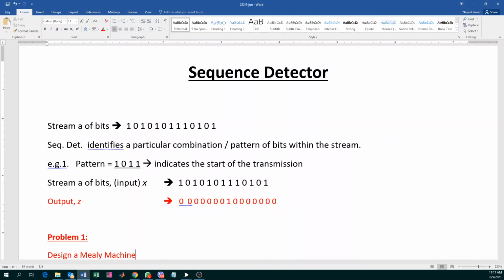All right, and I'll show you, because there's a way to look at the state diagrams and all. And in a Moore machine, the output is determined only by the current state.